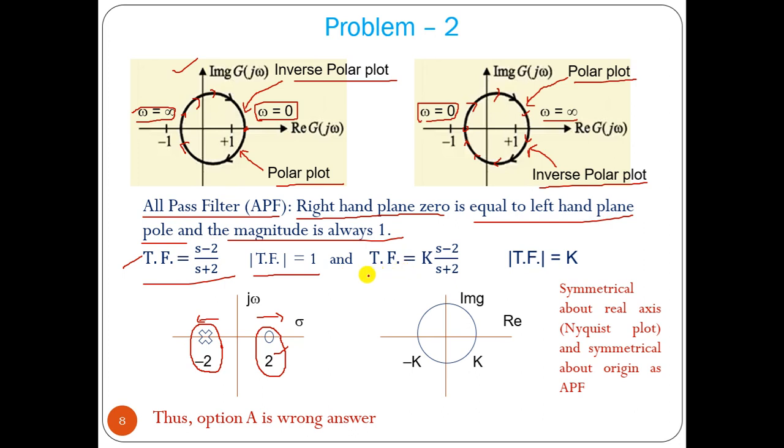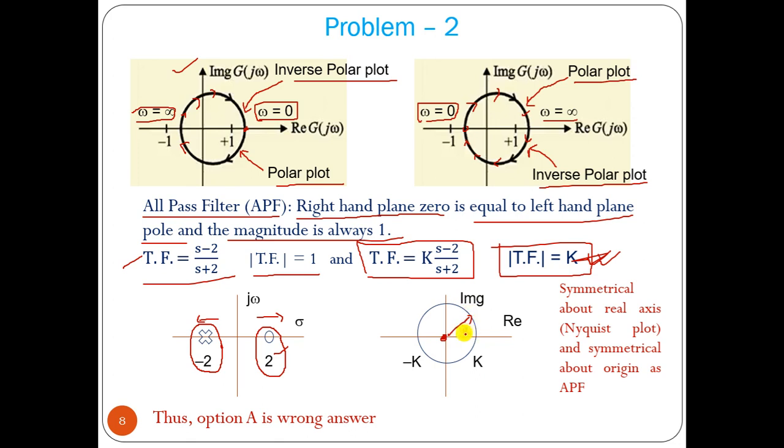And if the transfer function is multiplied by some factor k, then the transfer function magnitude should be k. Now if we try to plot this, what will you get? The magnitude is always k. That means it should be a perfect circle with respect to the origin, a circle of radius k.